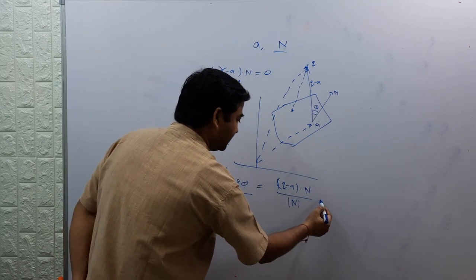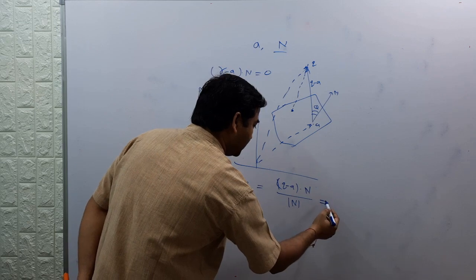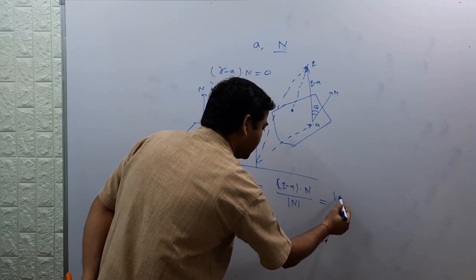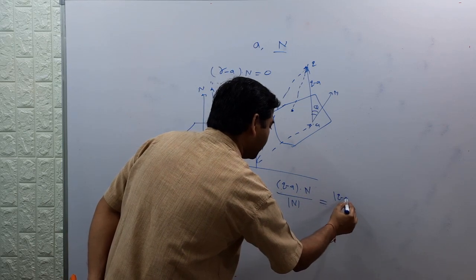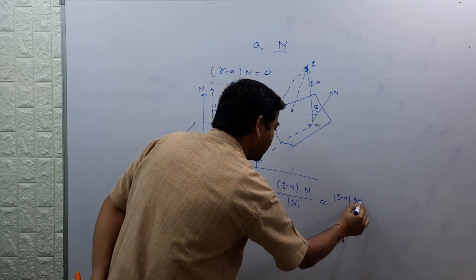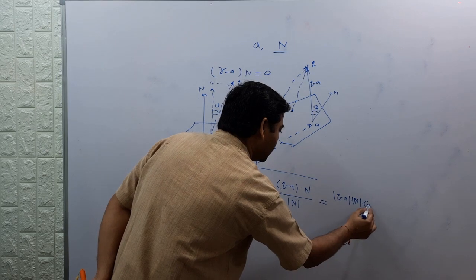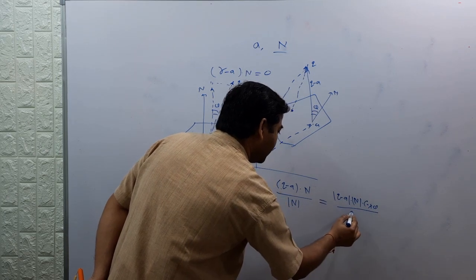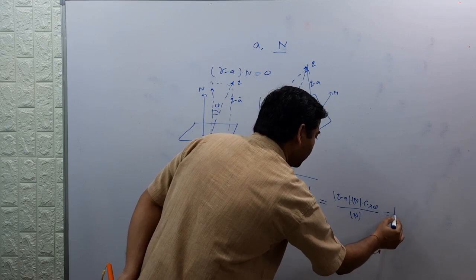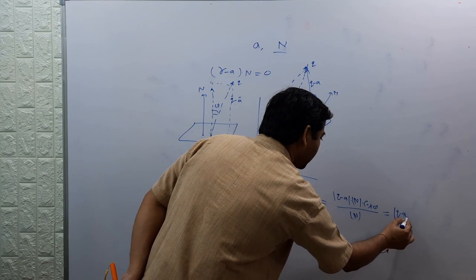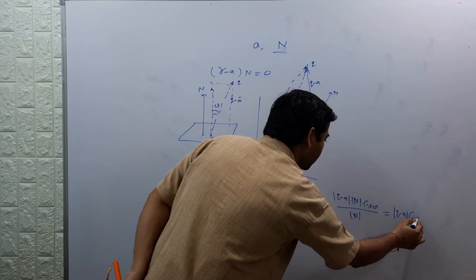If you explain this, this is mod of Q minus A, mod of N cos theta divided by mod of vector N, which is equal to mod of Q minus A cos theta.